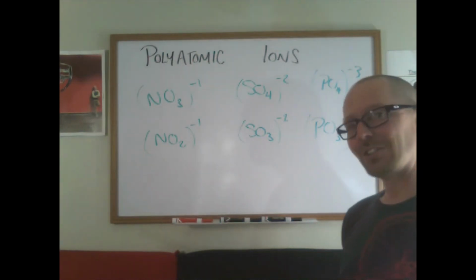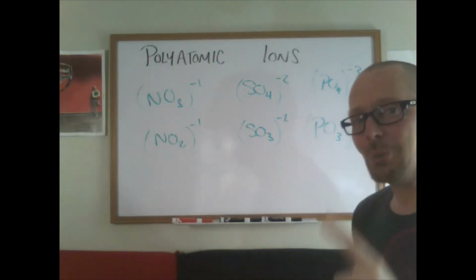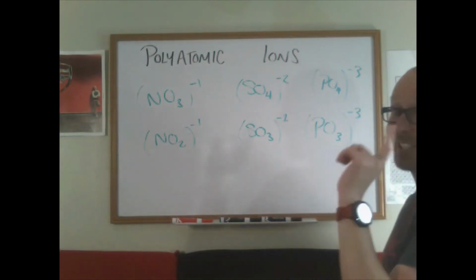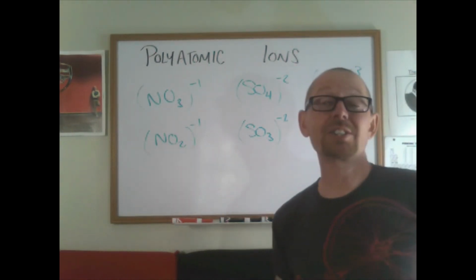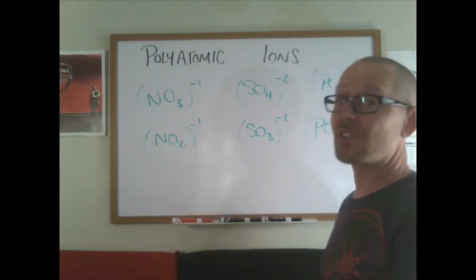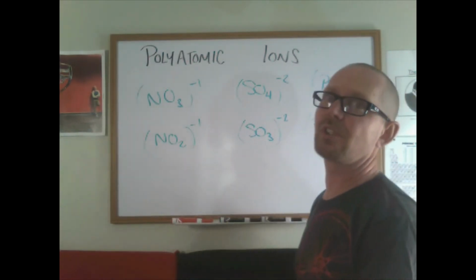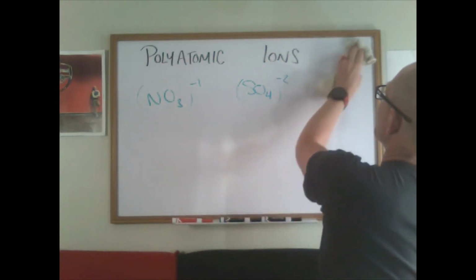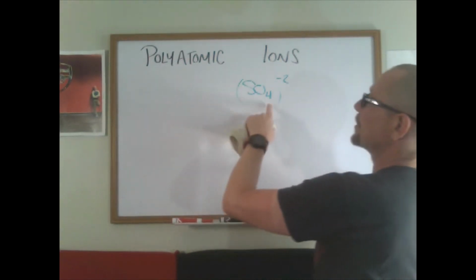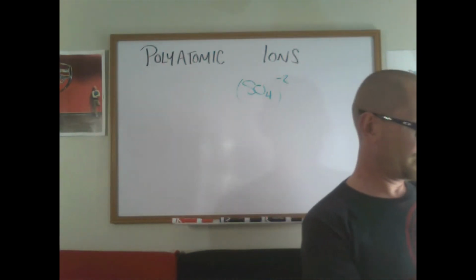But there is one more change, okay? And that's this word, or this suffix, another suffix. It's chemistry, right? You can do suffixes on suffixes. And for this, I'm going to use the sulfate ion right here.